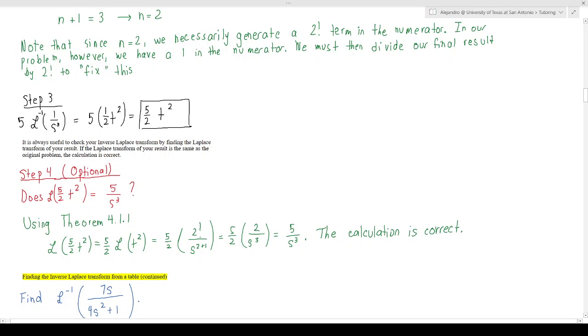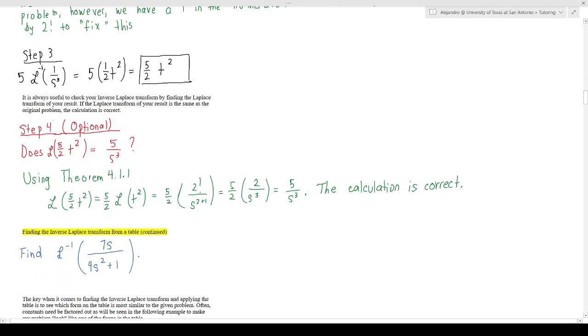The inverse Laplace transform is basically just going backwards. So we can always check our work. Finding the Laplace transform is much easier than finding the inverse Laplace, so once you've found the inverse Laplace, you say 5 over 2 t squared, we can actually check that work here. This is an optional step, but it's pretty useful to see.